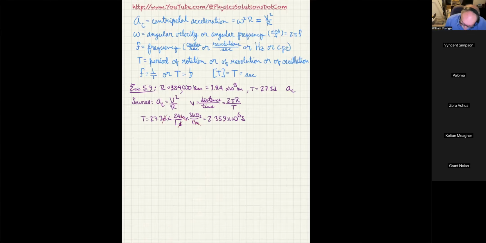So now I can go ahead and calculate what the v is, and then I can use the v to square it and put it over r. So I can now say v is equal to 2 times pi times 3.84 times 10 to the 8th meters, and then I'm going to divide that by the period, which is 2.359 times 10 to the 6th seconds.